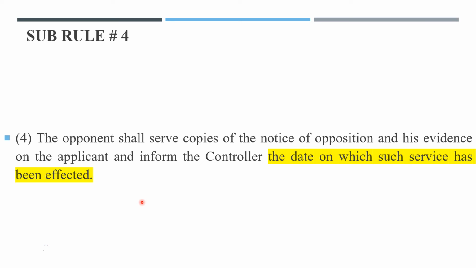In the previous sub-rule we saw that the opponent filed the notice of opposition. Now the opponent shall serve copies of the notice of opposition and his evidence on the applicant, and he or she will inform the controller about the date on which such service has been effected.